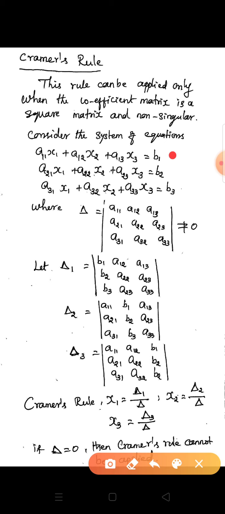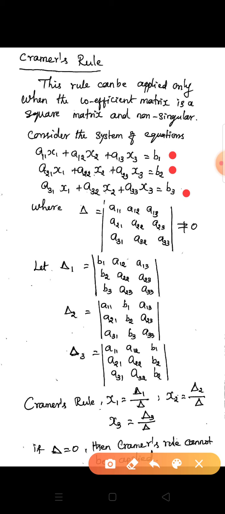Second equation: a21x1 plus a22x2 plus a23x3 is equal to b2. Third one: a31x1 plus a32x2 plus a33x3 is equal to b3.